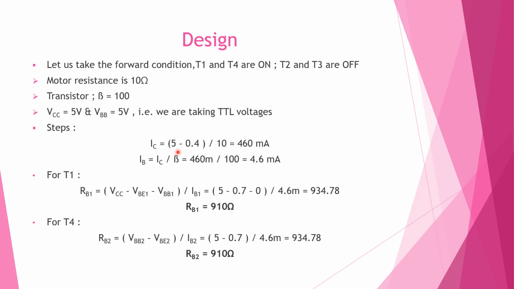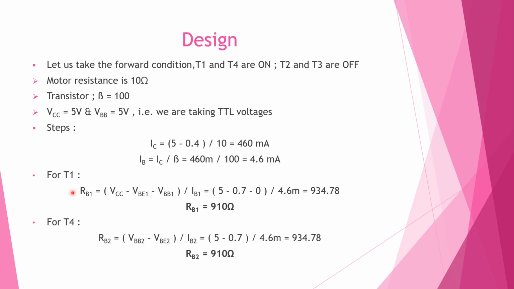So the voltage across the motor is 5 minus 0.4, divided by 10, that is 460 milliampere through the motor. This is the collector current, and since the same collector current flows through T1 and T4, their base current will be the same. We take any one base current, that is IC by beta. Beta is 100, so 460 milliampere by 100 is 4.6 milliampere.